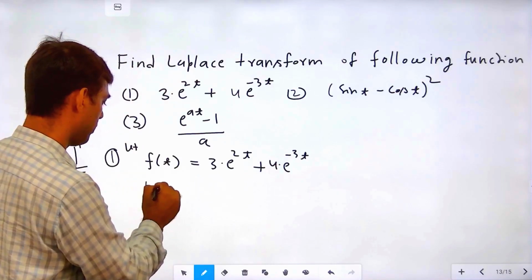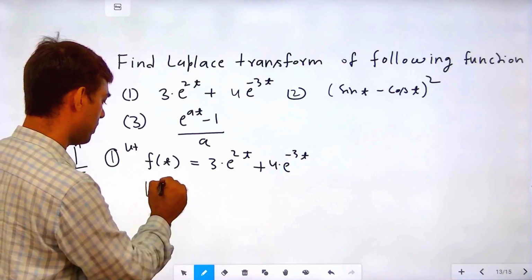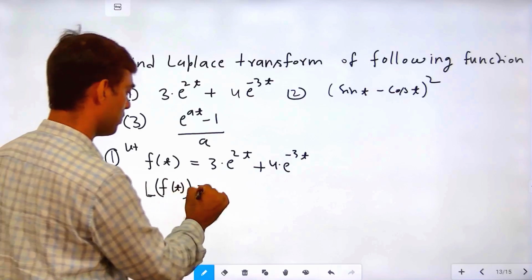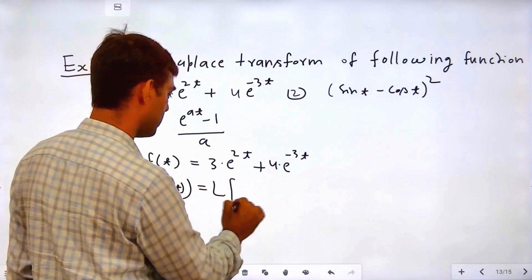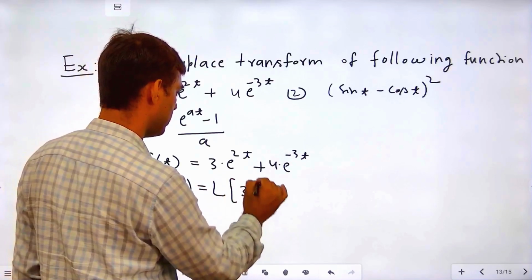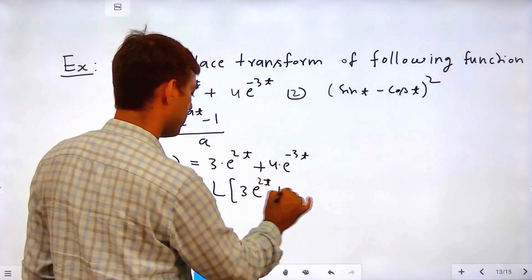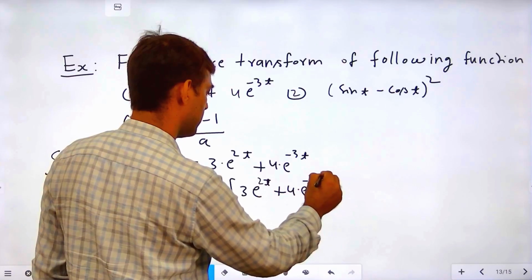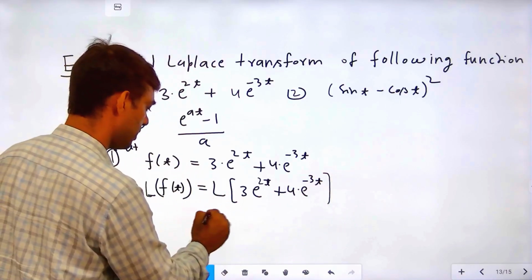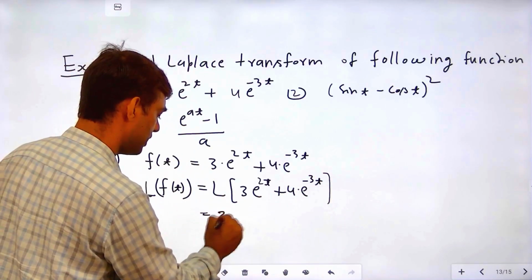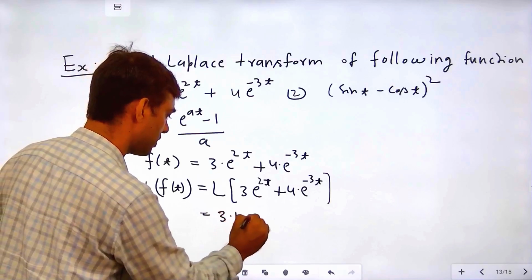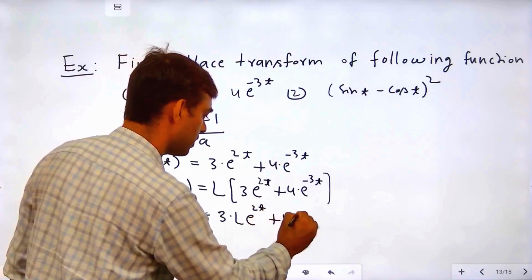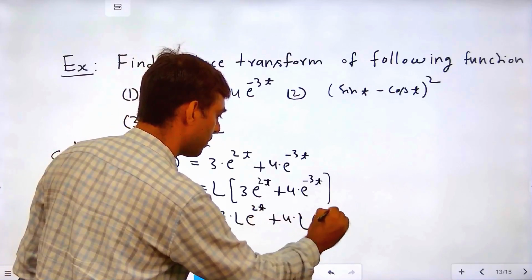Taking the Laplace transform of f(t), it equals the Laplace transform of the whole function 3 e to the power 2t plus 4 e to the power minus 3t, and using the linearity property this becomes 3 times the Laplace transform of e to the power 2t plus 4 times the Laplace transform of e to the power minus 3t.